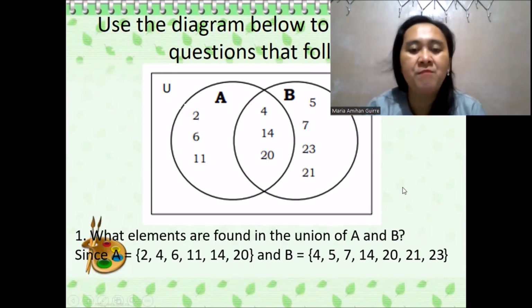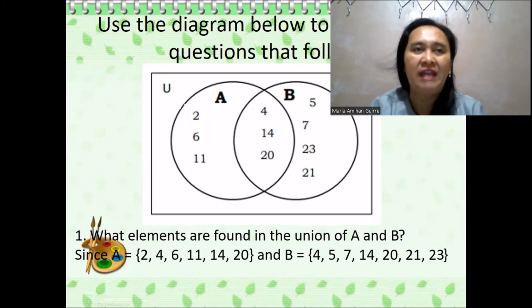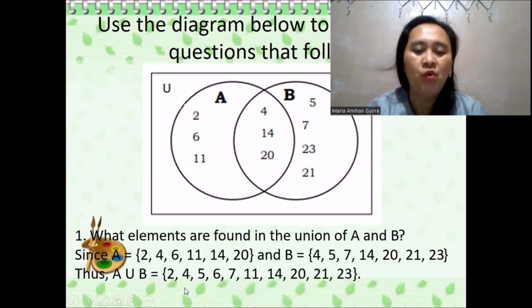So it means we combine all the elements of set A and set B, and if there's a duplicate, we will write it once only. Therefore, the union of set A and set B are 2, 4.